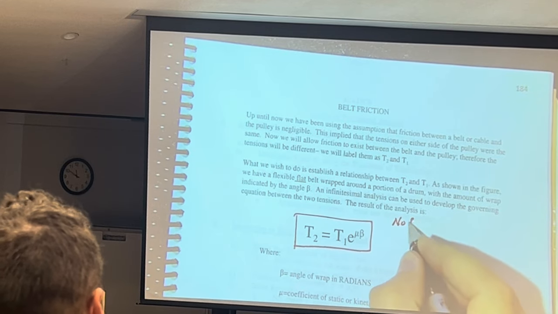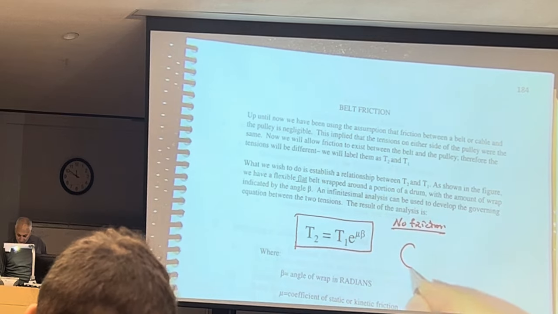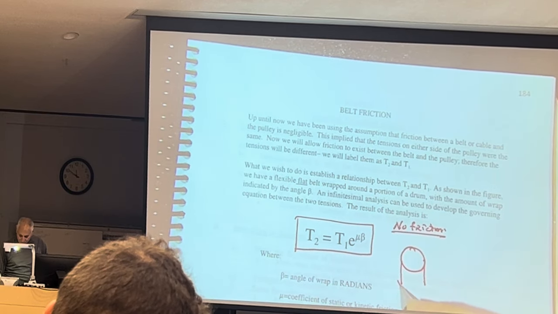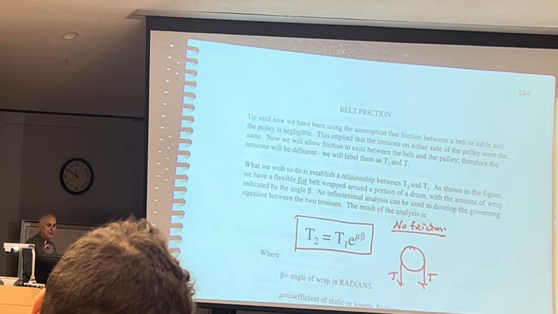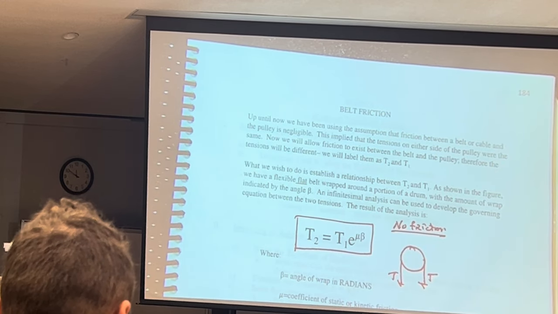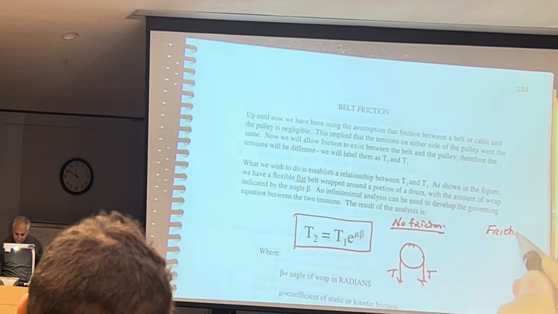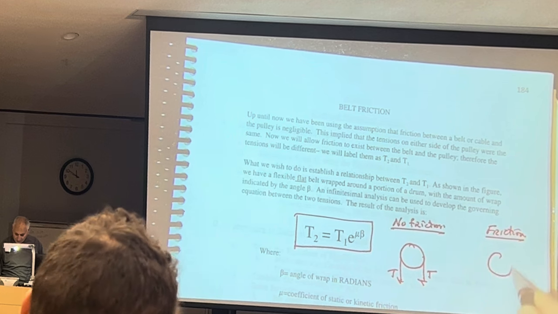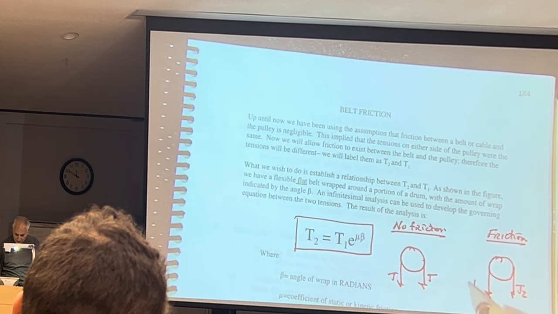So with no friction, which is what we did early on, we said T, T. On either side of the pulley is T. That's why we use the P method. With friction, now, on either side of the pulley, one side is going to be T1, the other side is going to be T2.